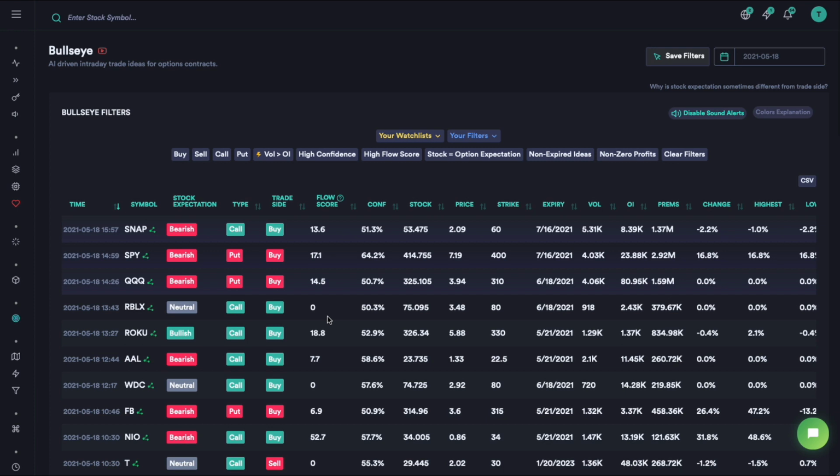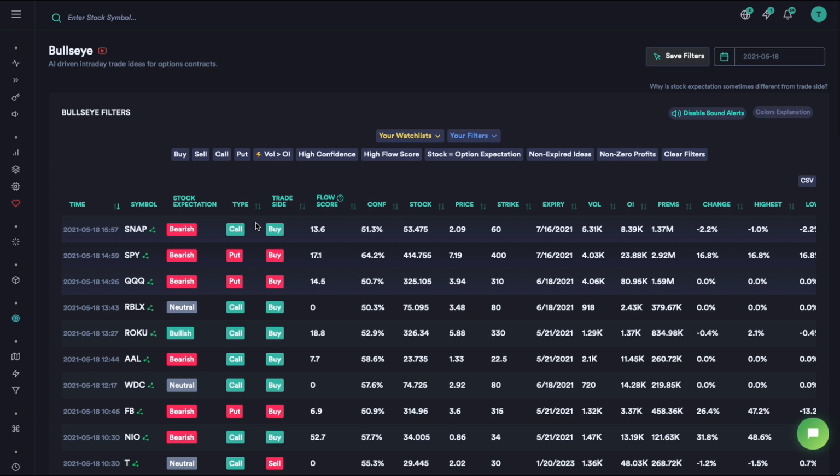We gave the AI the previous data for that day, for all the symbols, and then we let the AI figure out what factors contributed to a contract going up or down based on all the data for that contract before that particular time in that day. So it's just looking at historical data to try to predict where the contract is going to go, whether it is going to go up or down.